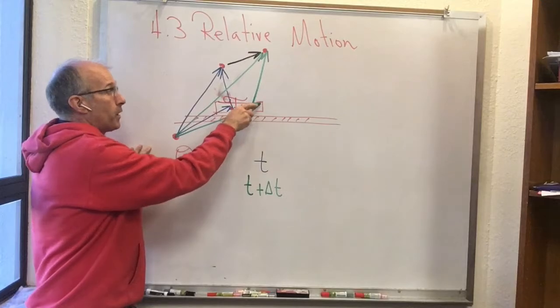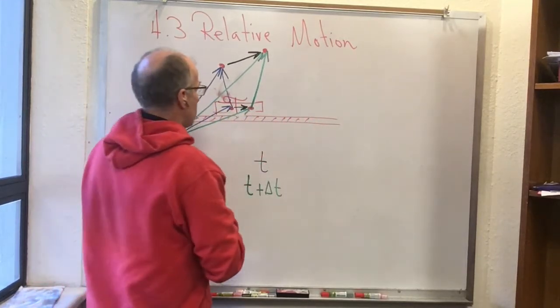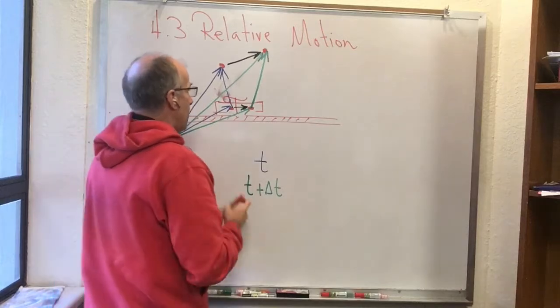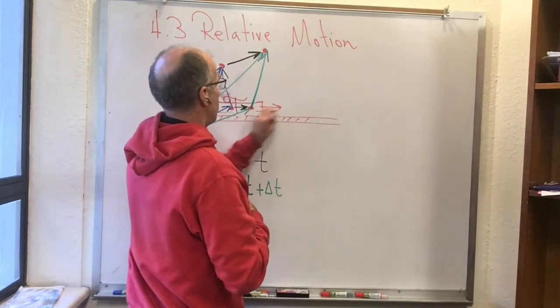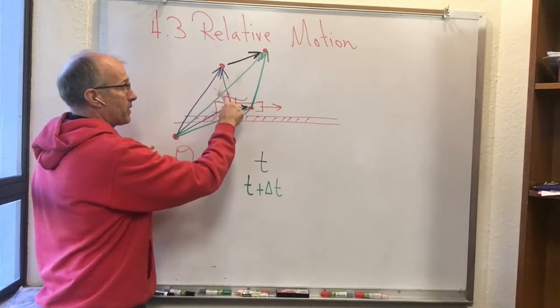Here is a whole other observer. Notice I've drawn a train track here. This observer is on a train and the train is going this way. Okay, and I've called this observer, you see that little script T in there?